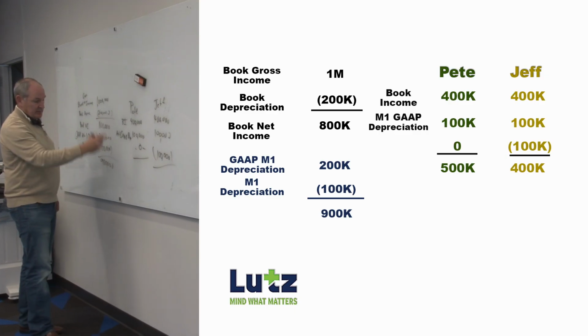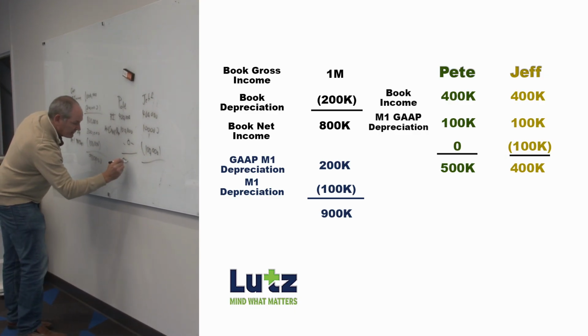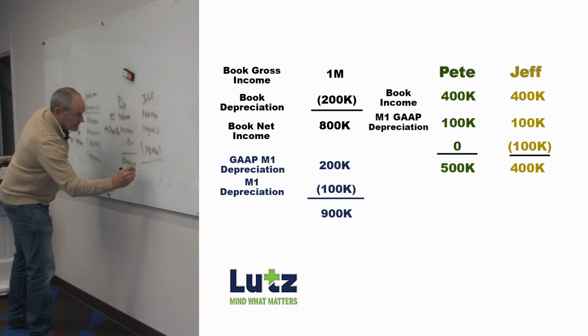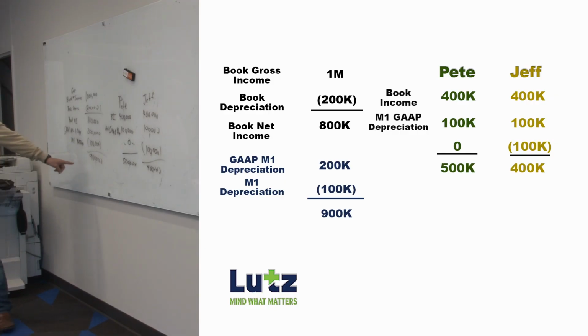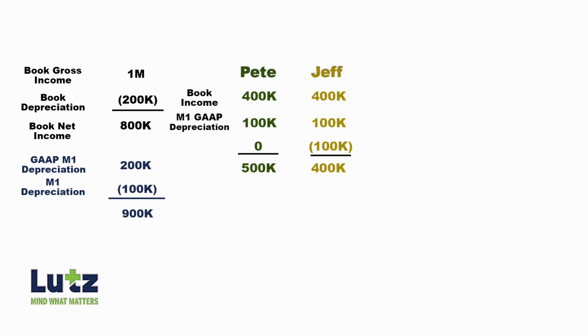So taxable income to Pete is 500, and Jeff is 400. We have taxable income globally of 900.